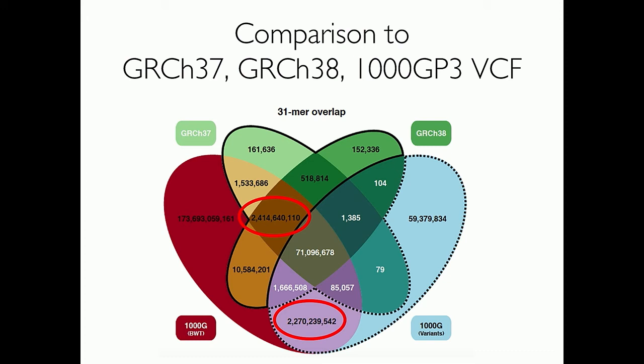About as much, actually, as the reference itself at the 31-mer level. There's a very big number here of things only seen in the read server, almost certainly dominated by errors. So there's where we could get more compression if we could find those. We were somewhat conservative about what we removed. And then there are other numbers in other places that are interesting, but you'll have to read the paper to look at those.